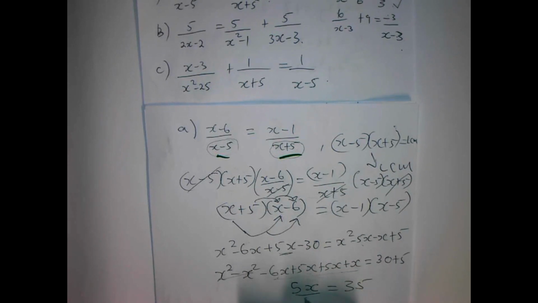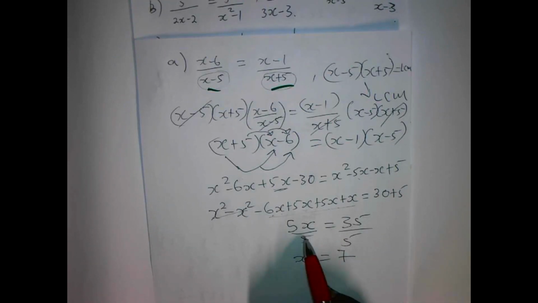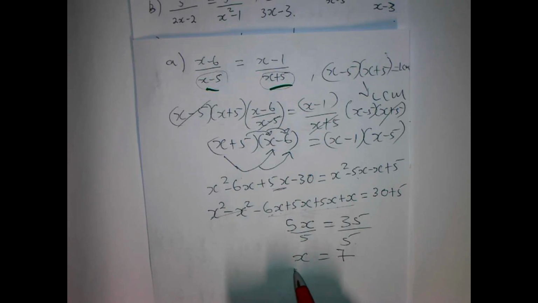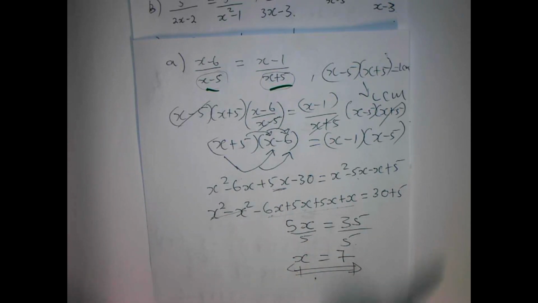So we can divide by 5 to give us what? Oh, sorry. We are simply dividing by 5. So 5x is equal to 35. We divide by 5 to get x is equal to 7. Straightforward, ladies and gentlemen. This is very simple.